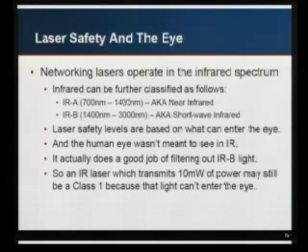When you get into what's called the IRB spectrum, your eye basically blocks all that light out. So you might have a laser that transmits 10 milliwatts of power, but the amount of power that can actually physically make it through your eye brings it down into a class 1 system.